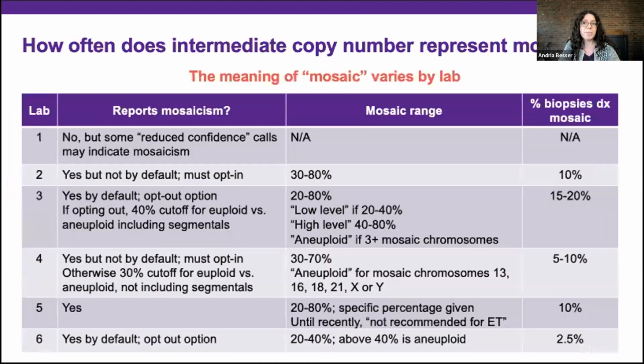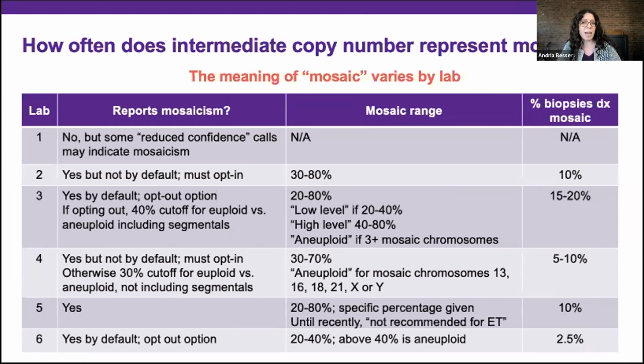So as I mentioned, labs can determine which thresholds they want to use to define their euploid or their disomy ranges, but they also make different decisions about what they want to report. This table is showing some differences in how mosaicism is handled by various different PGT labs. Most labs put the onus on the clinic to choose if they want mosaicism reported or not. And if the clinic doesn't want to deal with mosaicism, then the lab decides if they want to classify the embryo that may have an intermediate copy number as either euploid or aneuploid.